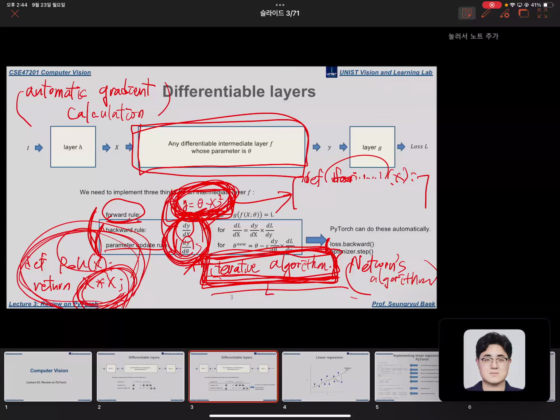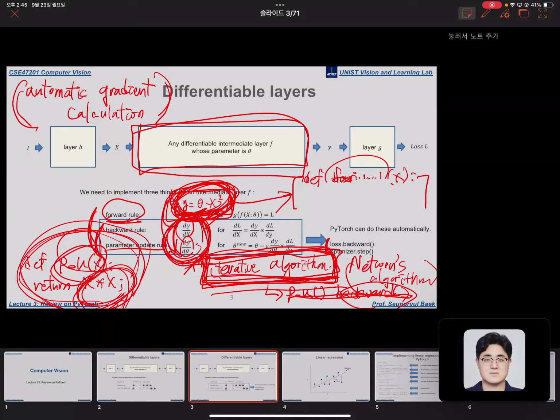So it makes your parameter update function and also the backward function not change depending on the forward rule. You will apply the same algorithm that can calculate the gradient regardless of the forward rule. So in PyTorch, this kind of automatic gradient calculation algorithm is already implemented for the parameter update rule and also the backward rule. Are you guys following this?